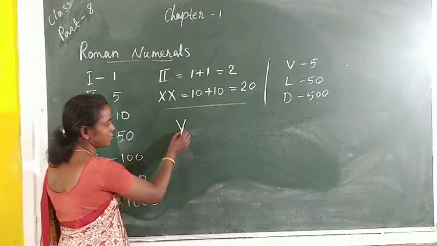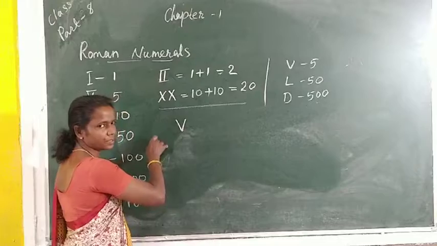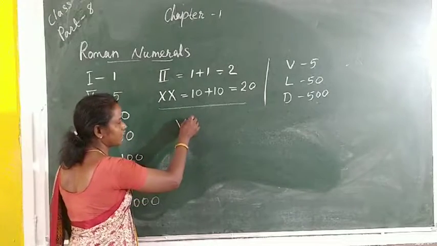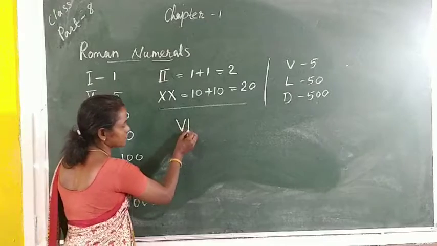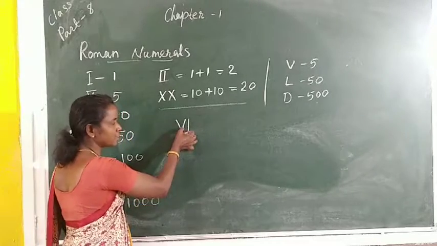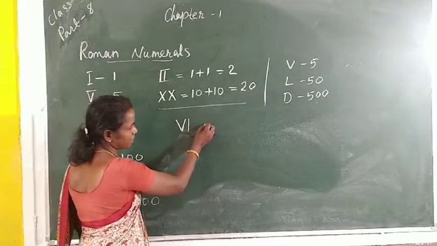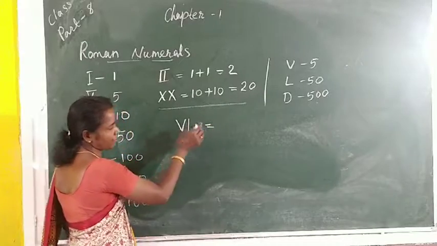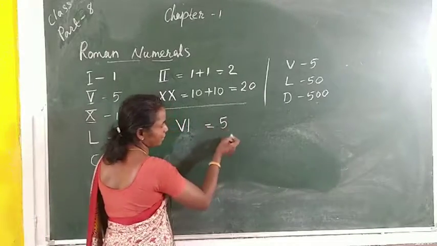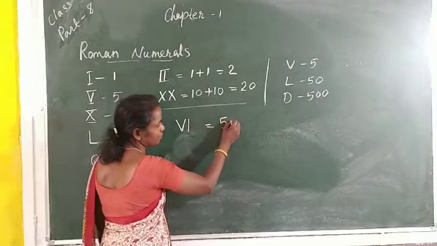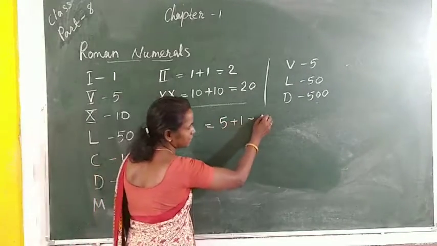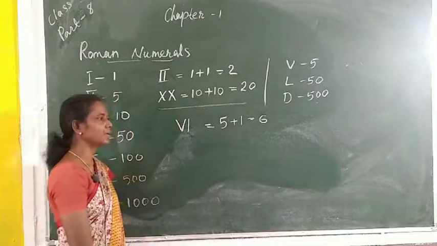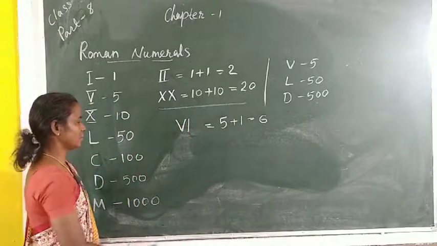Here the greater value is 5 and the smaller value is 1, so this number is 6.